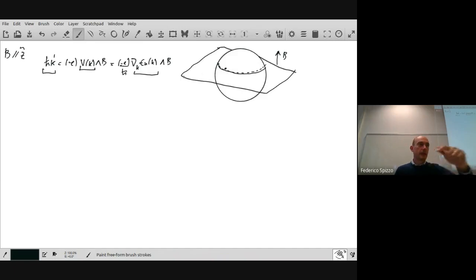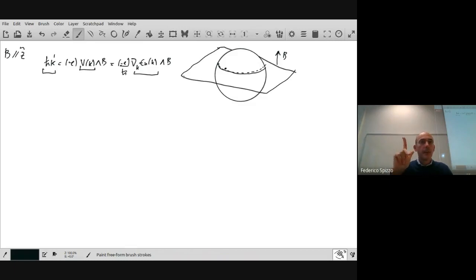So you have the trajectory will be on that circle, and if you make the cross product, in this case the velocity is outward as the gradient points out of the sphere, then the B points upward because that is parallel to the Z direction.